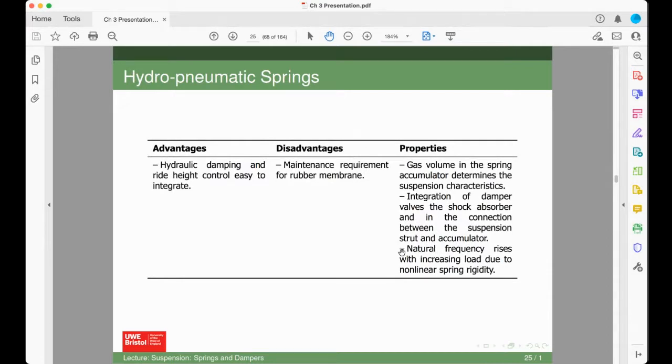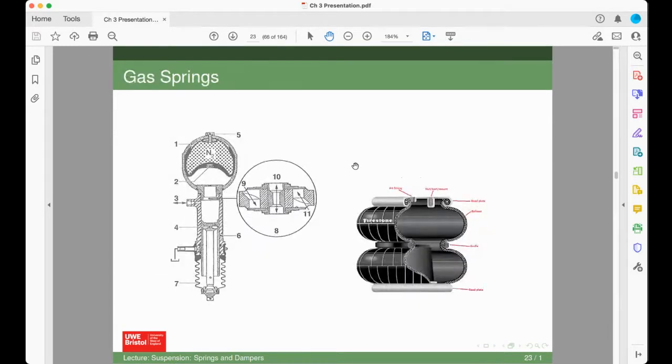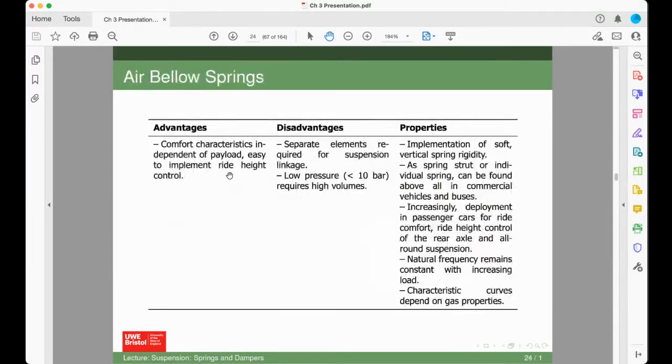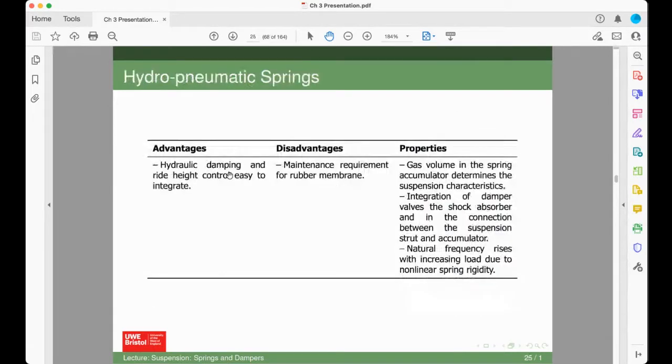Damping comes included, and the ride height control is easy to do. There might be a maintenance requirement. One of the things that will eventually wear out are these bellows, or this accumulator, and you'll have to replace that. But it's generally straightforward. You just screw a new accumulator on.